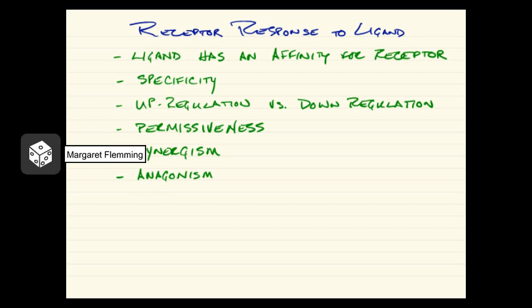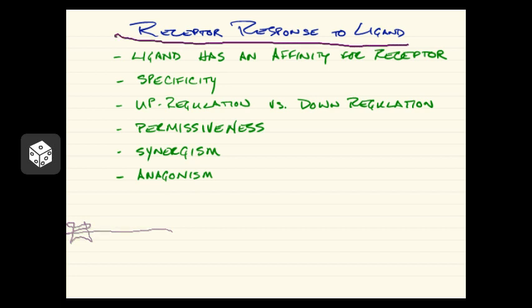The previous slide, the one before this one, talks about what causes a hormone to be released in the first place. This slide is all about how that hormone is going to cause changes in what the cell does.